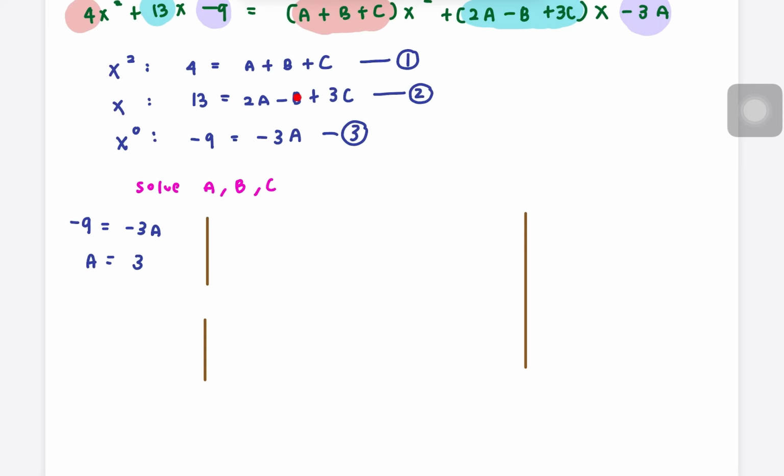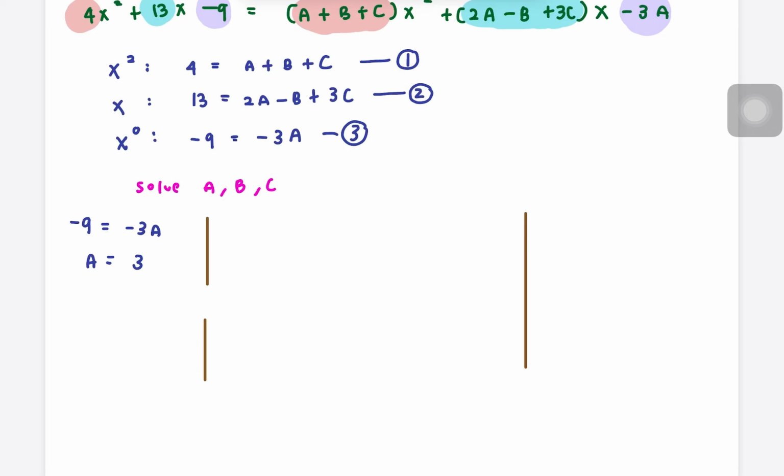So you will have 4 equal to 3 plus b plus c. And then the second equation is 13 equal to, a just now is 3, 3 times 2 is 6, so this is 6 minus b plus 3c. Okay, just add these two.